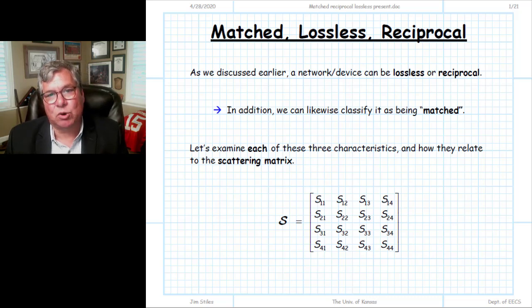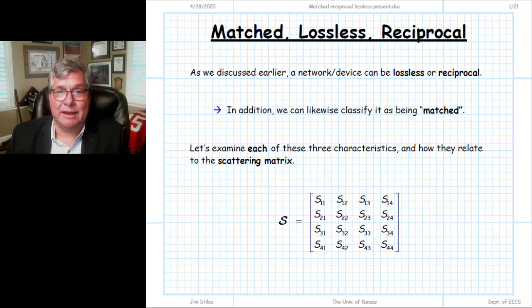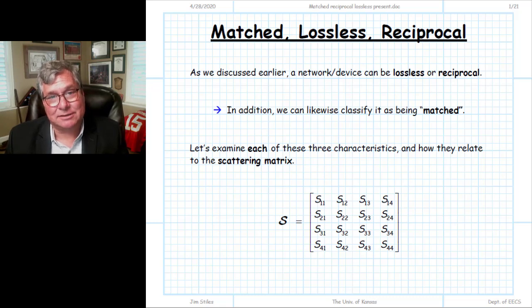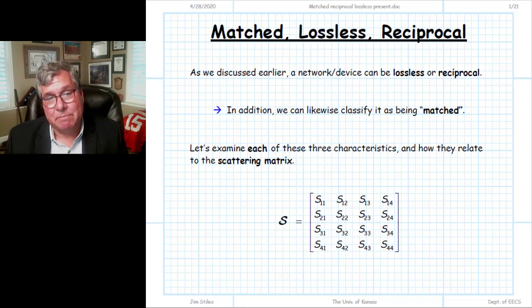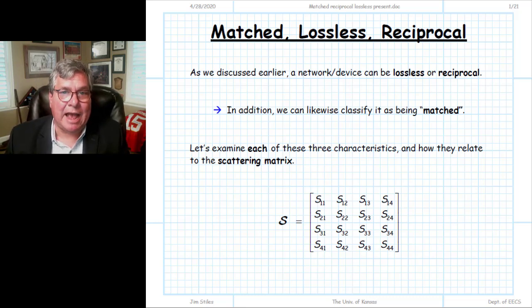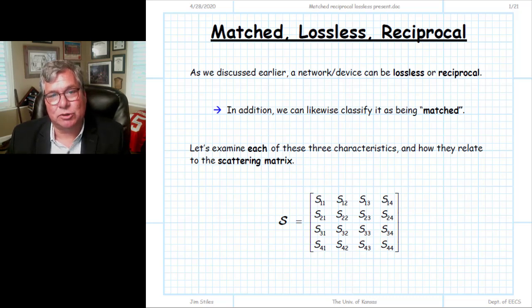It has no way to absorb energy. Conversely, if the device is lossless, has no resistor, no way to absorb energy, each element of the impedance matrix itself must be purely imaginary, have a real component equal to 0. So it's if and only if, those two things are related.